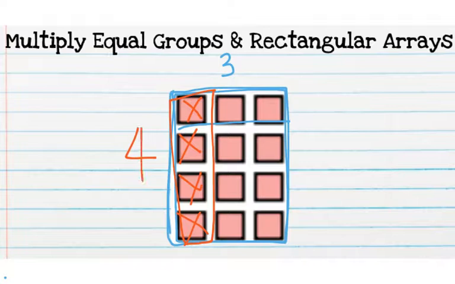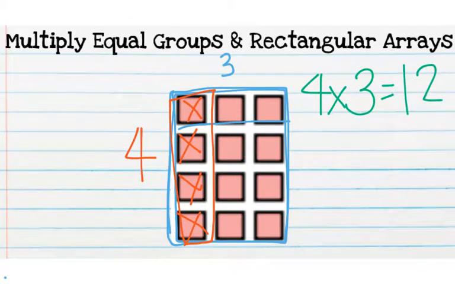So now my rectangle has a width of 4 and a length of 3. And so I know to find the area, I can multiply 4 times 3 and count the inside squares. So I can count by 3. So I could say 1, 2, 3, 4, 5, 6, 7, 8, 9, 10, 11, 12. Because I know that when I count everything inside, that's going to give me the same answer of 4 times 3.